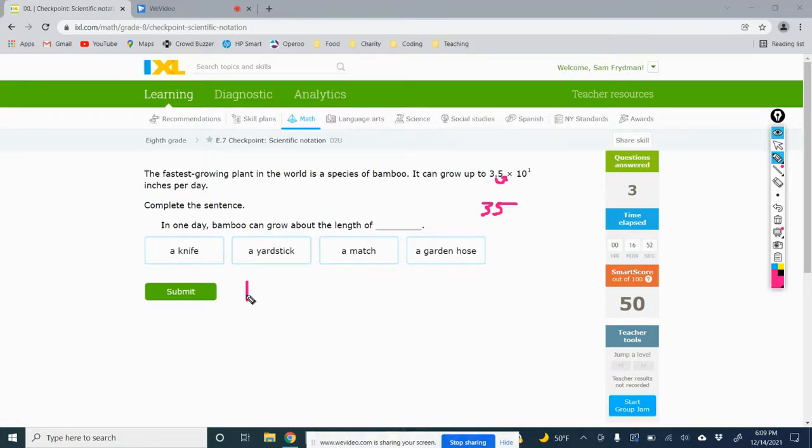There are 12 inches in a foot. So 12 inches is equal to 1 foot. And there are 3 feet in a yard. So 3 feet is equal to 1 yard.